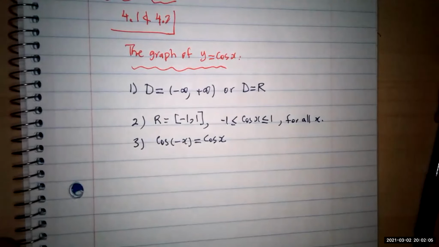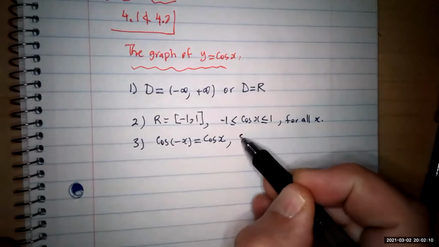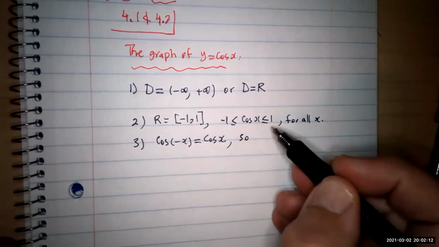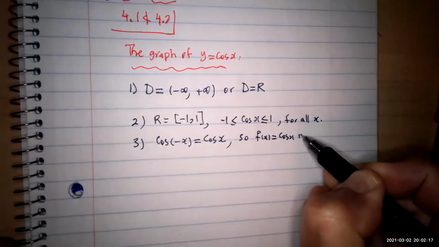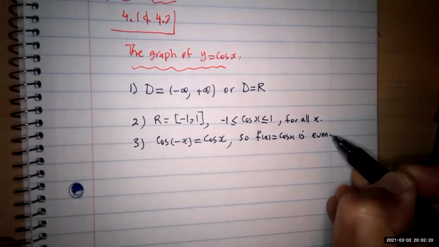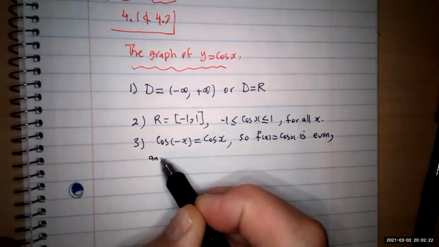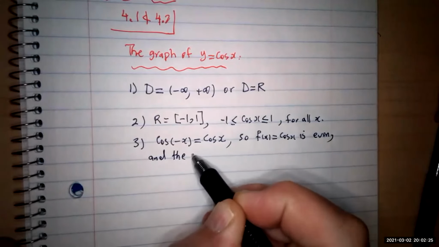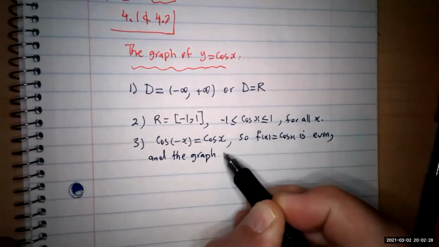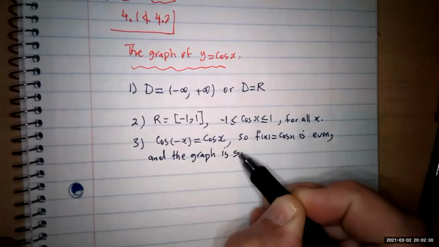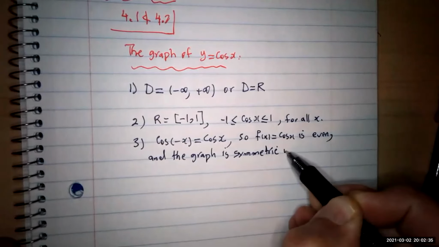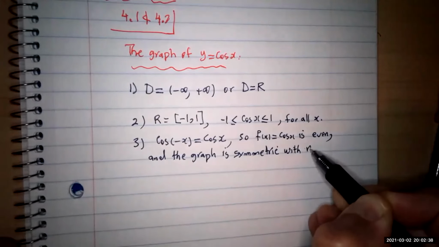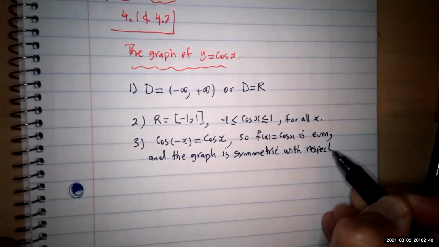So this graph is symmetric with respect to the y-axis, and the cosine function f of x equal to cosine x is even, and the graph is going to be symmetric with respect to the y-axis.